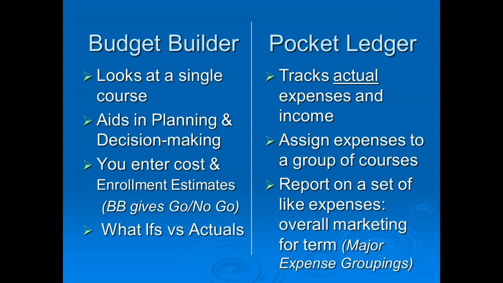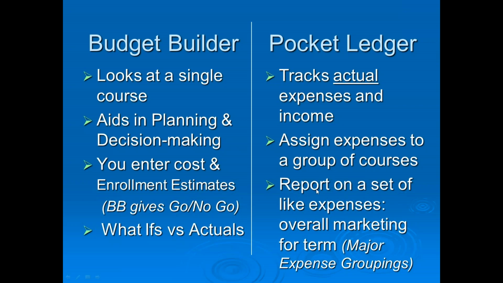It makes sure the fees you charge will cover the expenses you're expecting and bring in the revenue margin you expect. The big thing for program managers is that it gives you your go, no-go numbers. Program coordinators struggle with when to pull the plug on a course. With Budget Builder, you get a bona fide number to work off of.